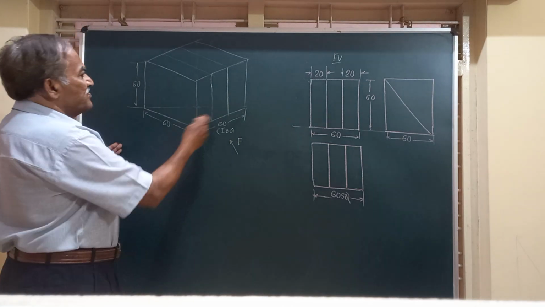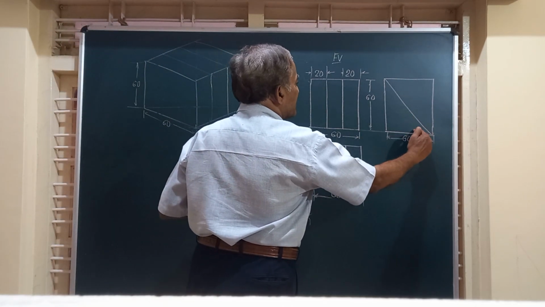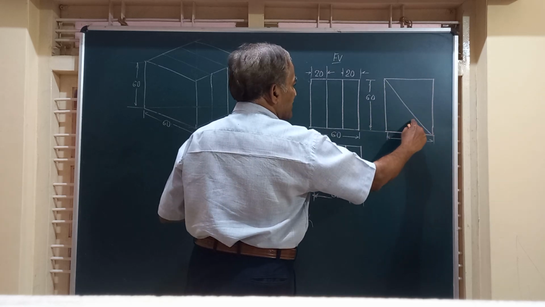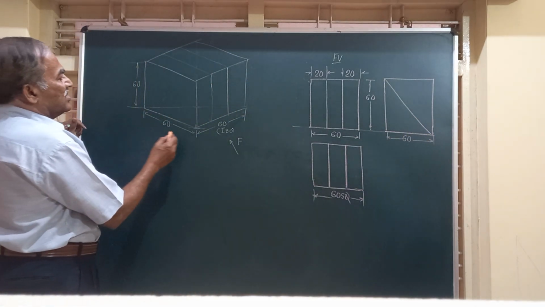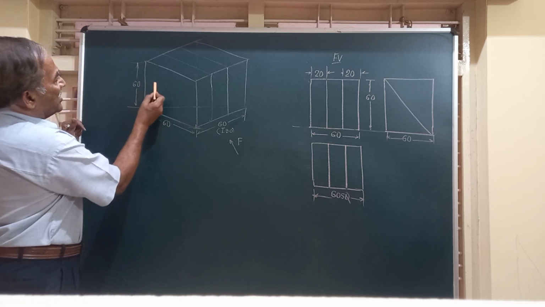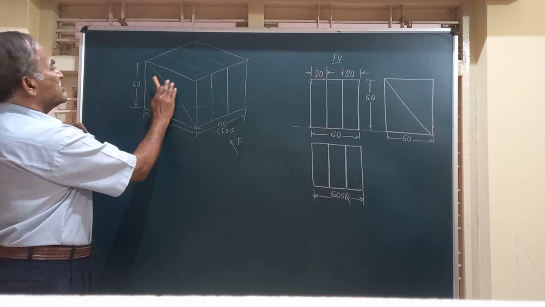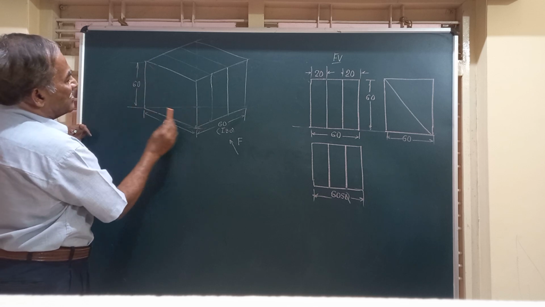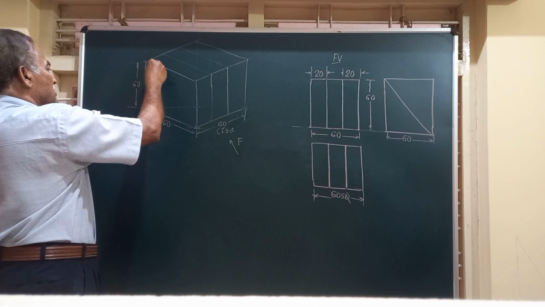Friends, if you observe from the end view, there is a line inclined at 45 degrees to the opposite square actually. So this is 45 degrees. So friends, I can just join these two by a straight line, having length equal to the diagonal of that square. So we can have one line here.